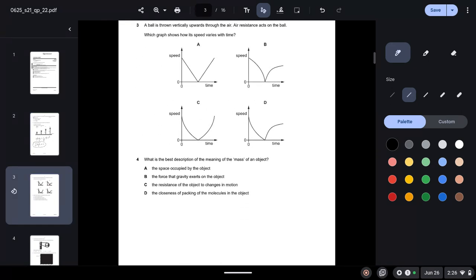Question 3. A ball is thrown vertically upward through the air. Air resistance acts on the ball. Which graph shows how its speed varies with time? Okay, so the ball is thrown vertically upwards.